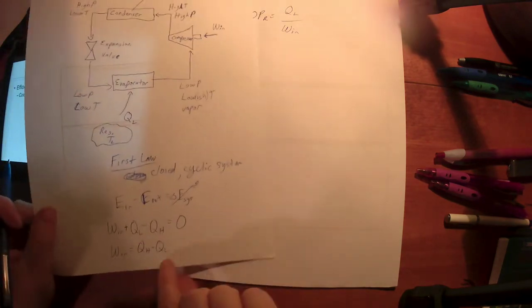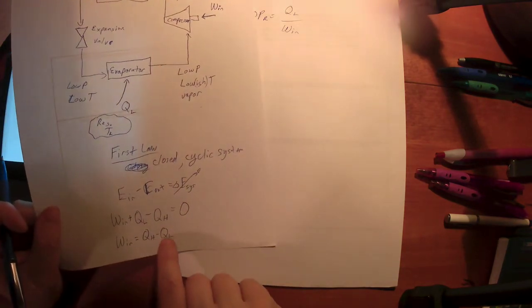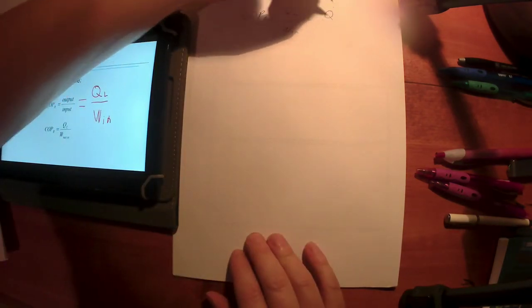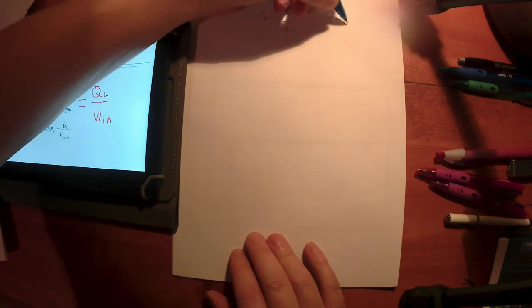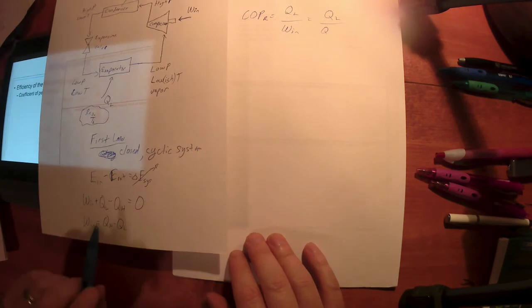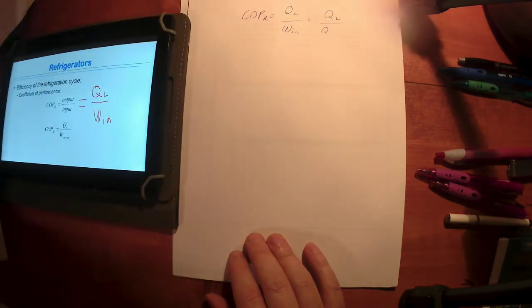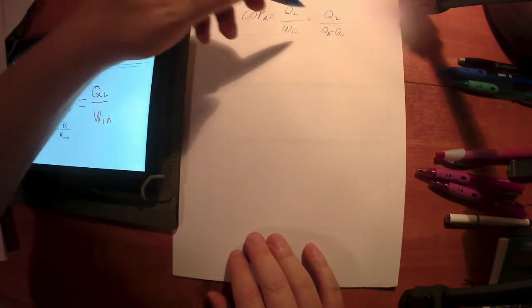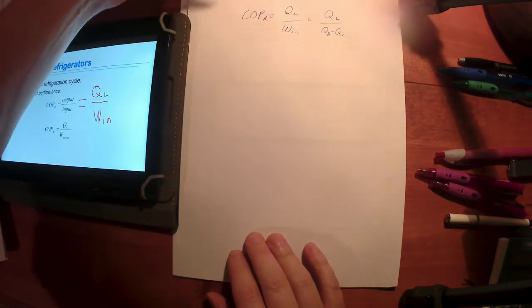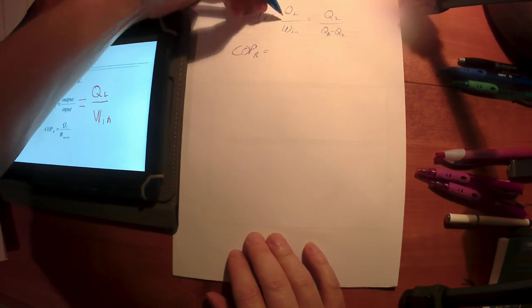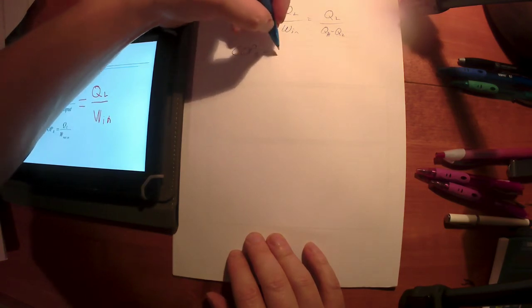We said this is the first law. We said work in is also equal to QH minus QL. So I can also say that this is equal to, substituting in the first law here, QL over QH minus QL. And if I divide every one of these terms by QL, so the COP for a refrigerator, we can always find this way, QL over work in, that's always true.